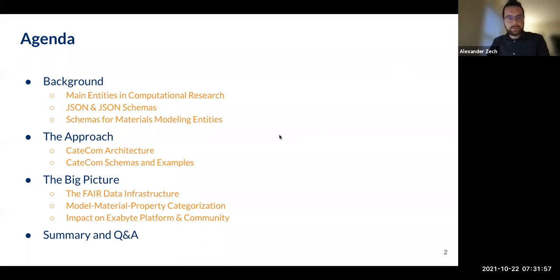Then I will introduce the CateCom approach, specifically the architecture and some schemas and examples. And at last, we will look at the big picture, how the CateCom approach fits in the FAIR data infrastructure, and then also look at the model, material and property relationship. And finally, the impact on the Exabyte platform, having this new data standard. And then there's some time for Q&A afterwards.